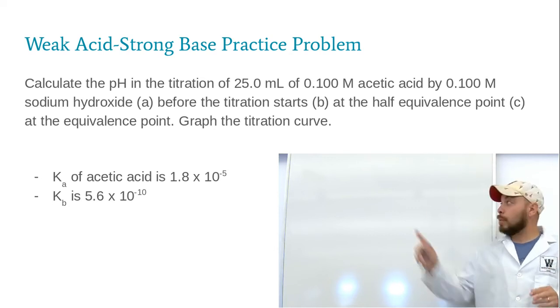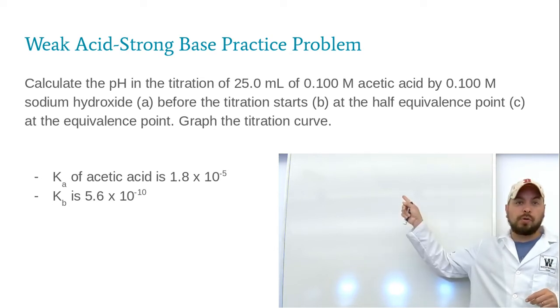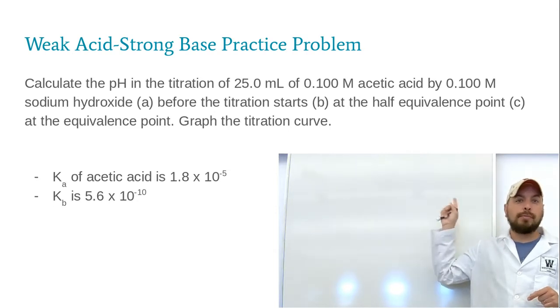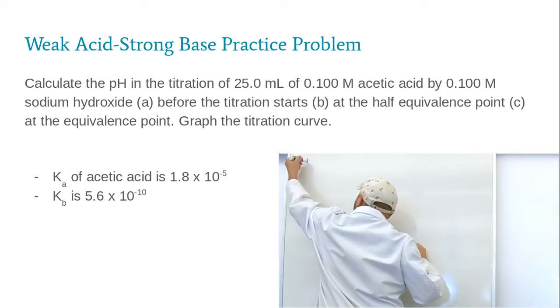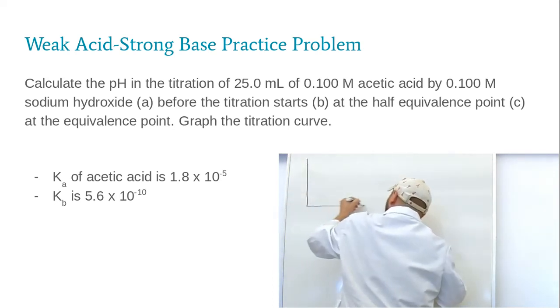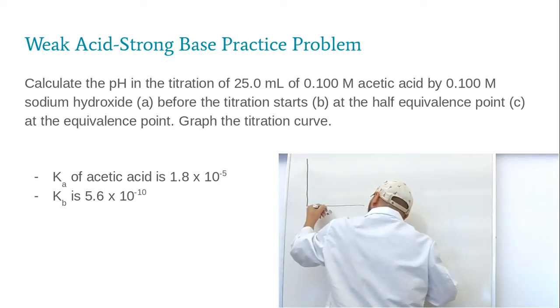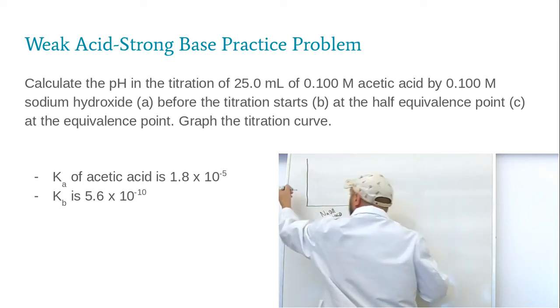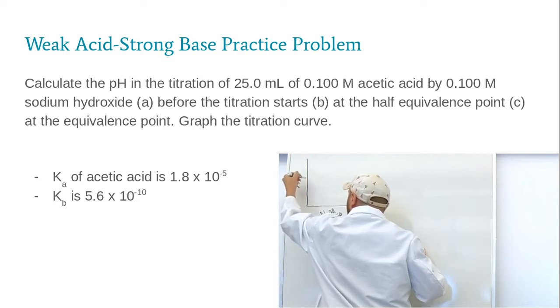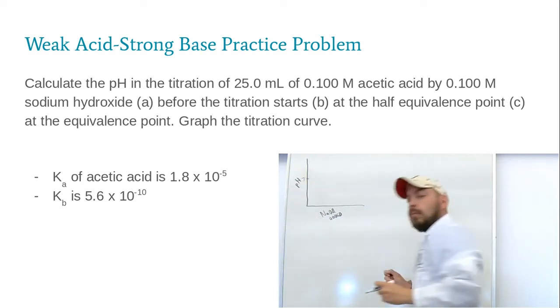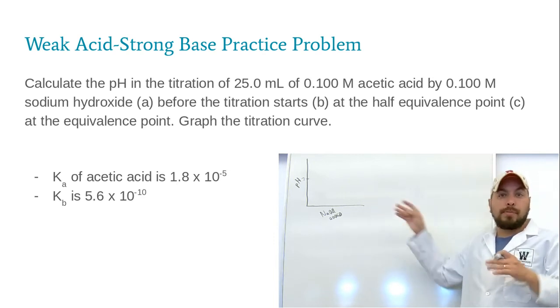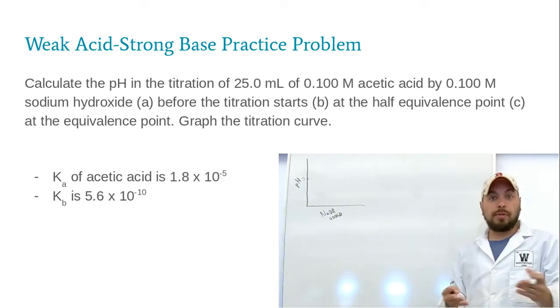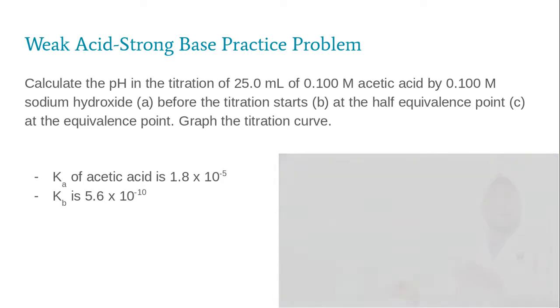What I'm going to do is draw the titration curve as we calculate each point. Now, I'm titrating a weak acid with a strong base, but before we start the titration curve, no strong base has been added at all.